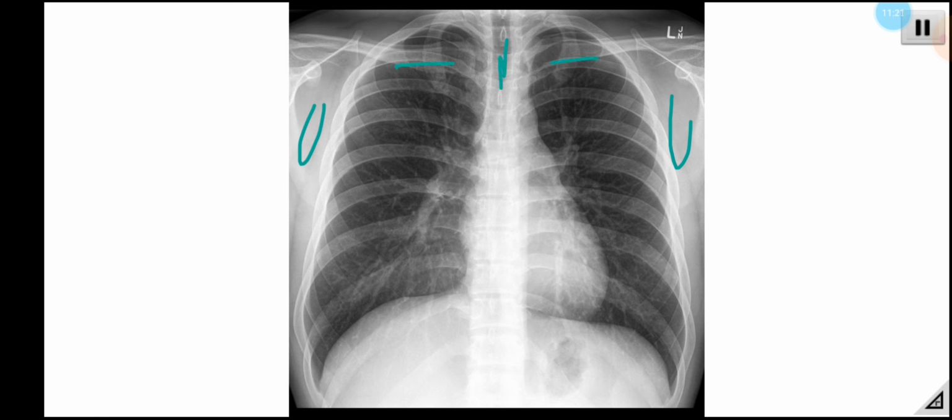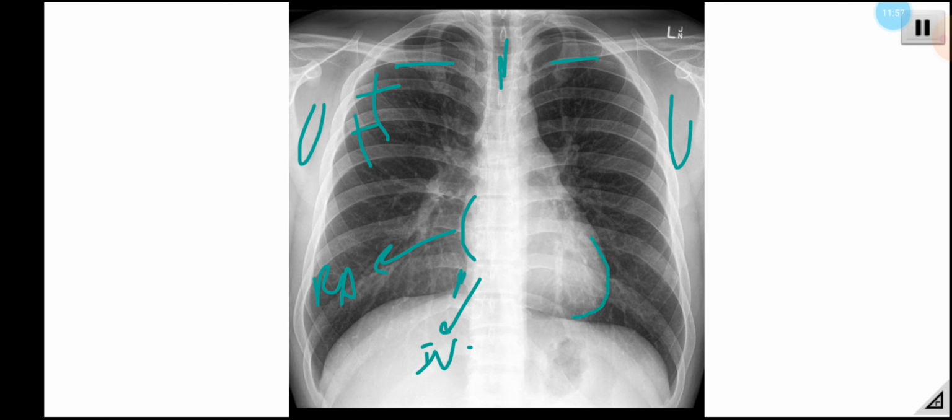This is the trachea, these are clavicles, and these are ribs, you know that. These are posterior ribs and anterior ribs, which are oblique. This is the right atrium, and this is the inferior vena cava, IVC. Above the right atrium, you can see a little bit of the superior vena cava, but that's not much evident over here.